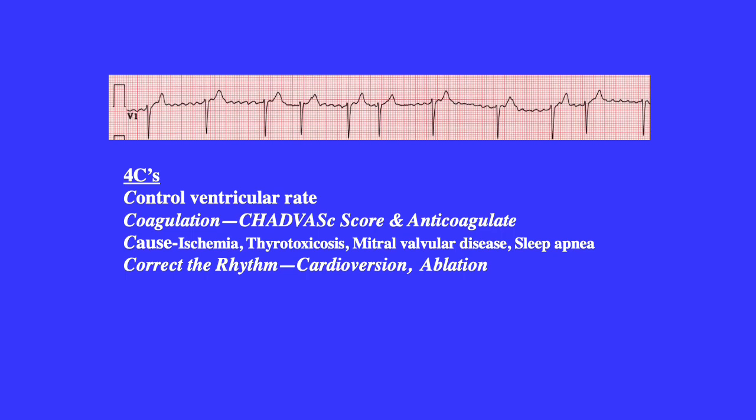The commonest causes are ischemia, hypertension, hyperthyroidism, mitral valve disease, and sleep apnea. And finally, it's important to correct the rhythm, which can be done either by cardioversion or ablation.